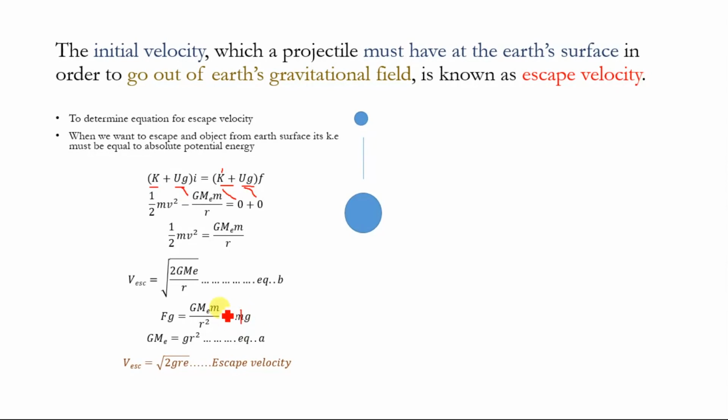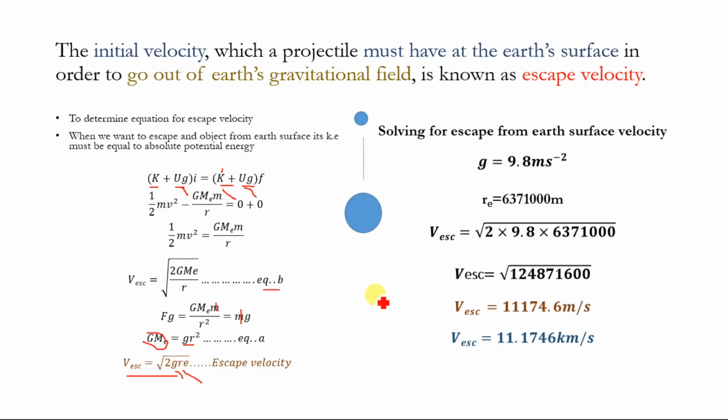This m will cancel out with this small m, and the remaining terms are G Me = r² g. This G Me will become equal to g r². Putting the value of G Me in equation b, we will get escape velocity as the square root of 2 g Re.